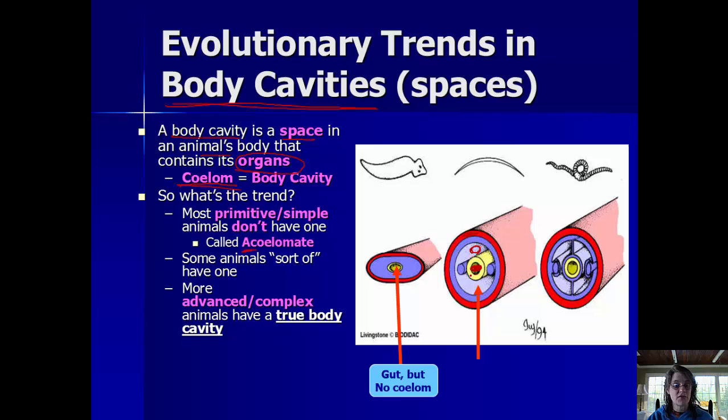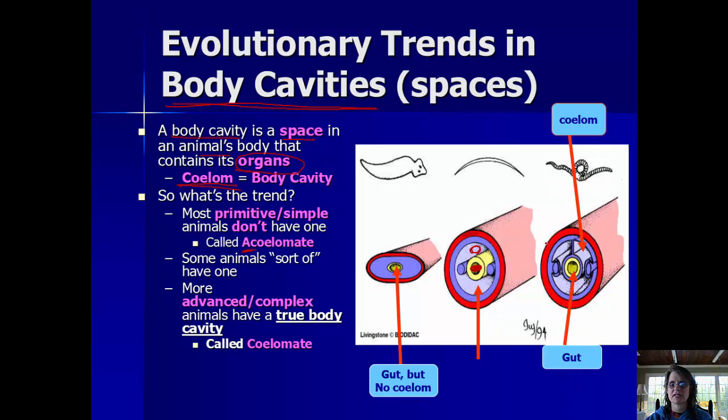But the most advanced animals, and there's a lot of them, have a true body cavity, and that's what we see in this last one. Those animals are called coelomate animals, and the coelom is seen here in this space here and this space here, okay? And notice how the gut is surrounded with mesoderm too.